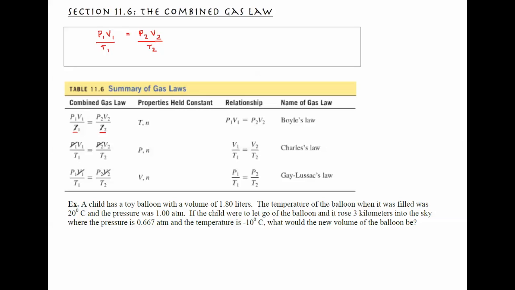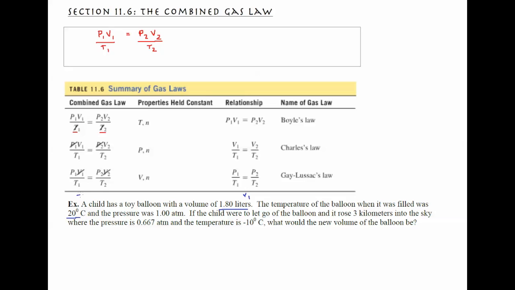So let's look at our first example. It tells us that a child has a toy balloon with a volume of 1.8 liters, and so I'm going to really quickly mark this as my V1, my initial volume. The temperature of the balloon when it was filled was 20 degrees Celsius. Now remember from Charles' law and Gay-Lussac's law that this needs to be converted to Kelvin.